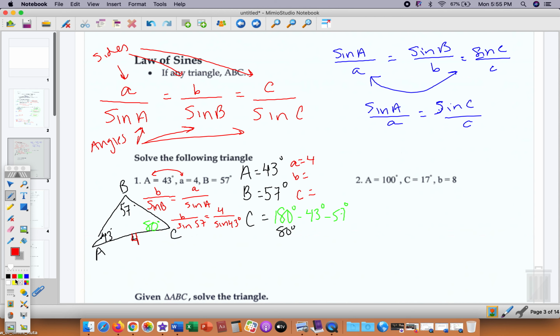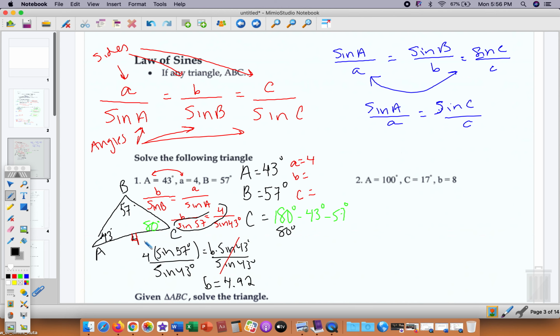Now we can cross multiply. Sine of 57 degrees times 4 is equal to little b times the sine of 43 degrees, and we can divide both sides by sine of 43 degrees. Then we get our answer: little b is 4.92.